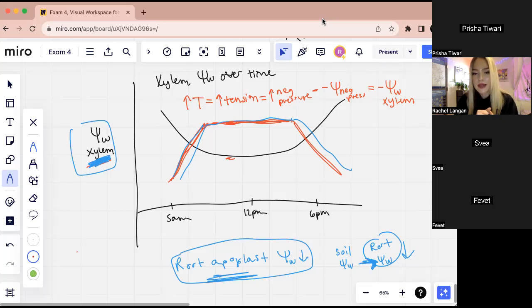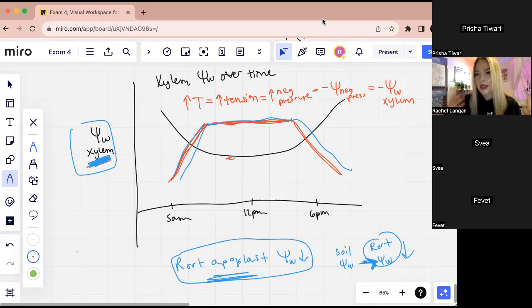We quantify it as a more negative number. More tension is a change in negative. Okay, so the negative pressure is occurring in the xylem? We just should know that more negative pressure is occurring in the xylem, which means more tension.